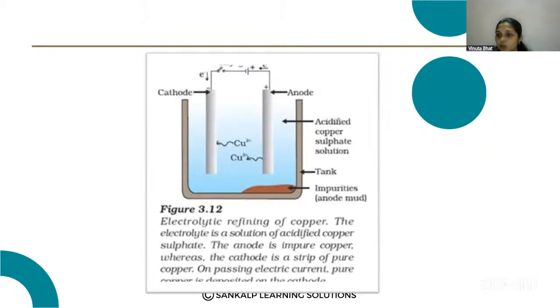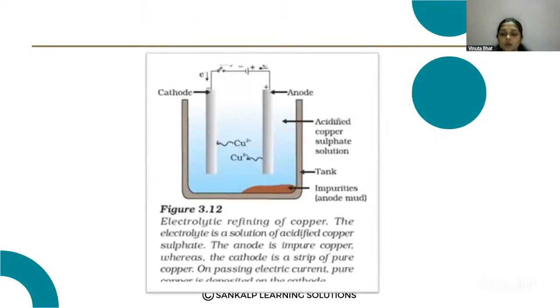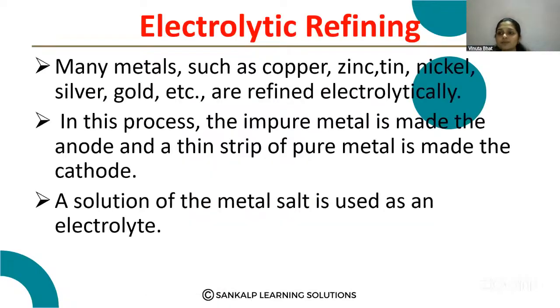Whichever metal we have taken, the salt of that metal is used here as the electrolyte. Then on passing the current through the electrolyte, the pure metal from the anode dissolves into the electrolyte.